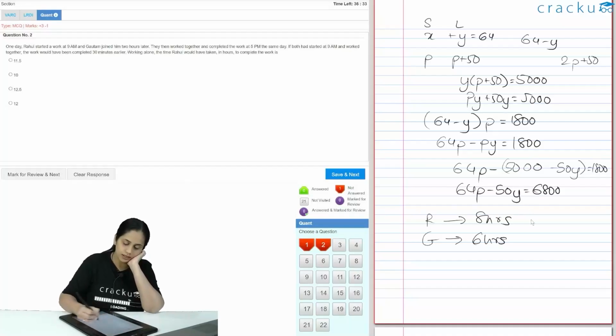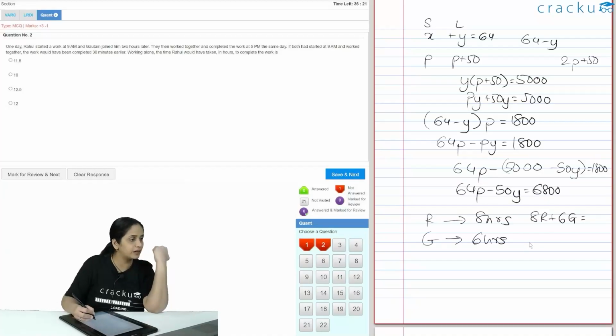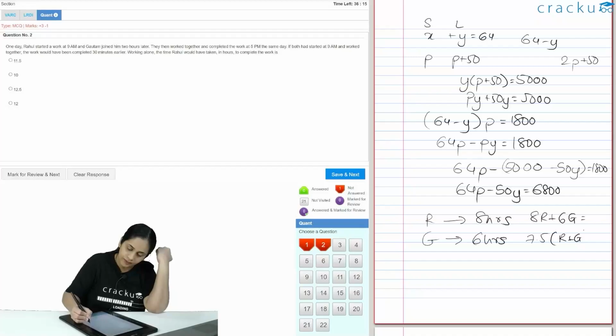And together, say 8R plus 6G is equal to the total number of units. If they had worked together from 9 a.m., it would have taken half an hour less. So that is 7.5, and this is equal to 7.5 times R plus G. So that means 0.5R is equal to 1.5 times G.